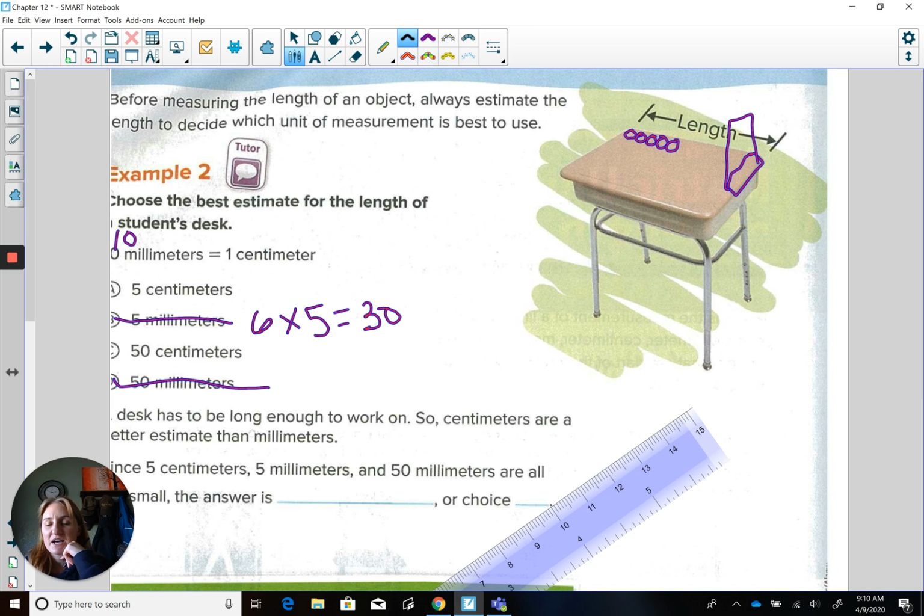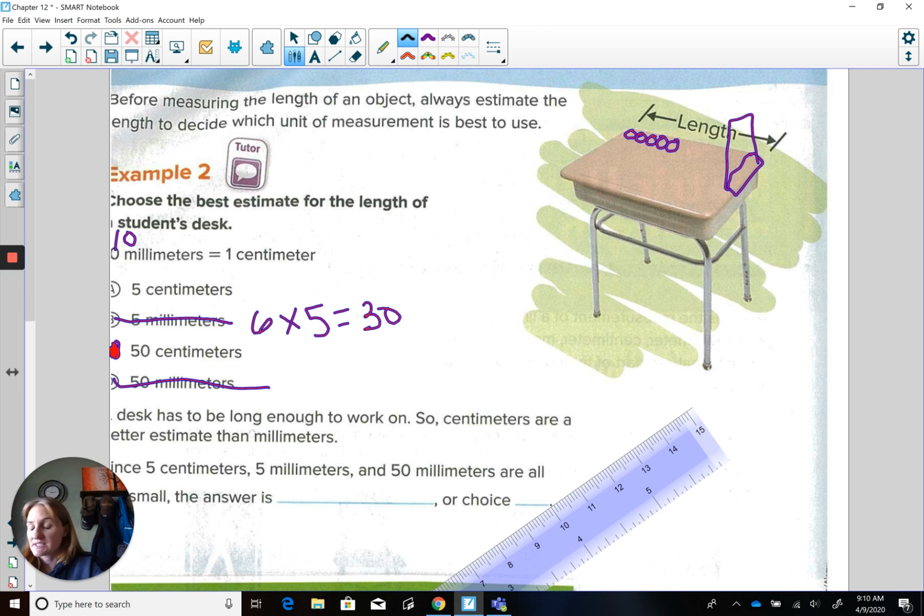So there's 5 ladybugs, about 5 ladybugs along that desk. Really and truly, if I had 5 ladybugs, they wouldn't even give me half the length of this desk. A reasonable answer would be then what? Right, 50 centimeters.